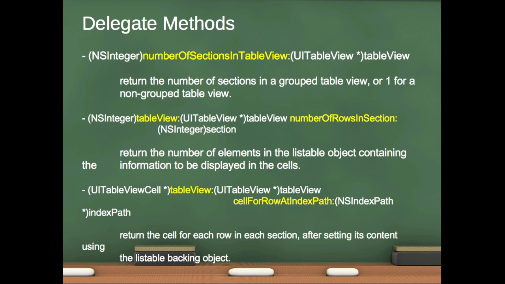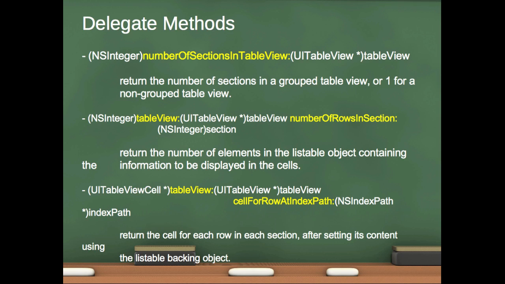So what are some of these delegate methods? Well, the three most important ones that we're going to be dealing with over and over with table views are numberOfSectionsInTableView, returning an NSInteger, and from this delegate method, we return the number of sections in a grouped table view, or 1 for a non-grouped table view.